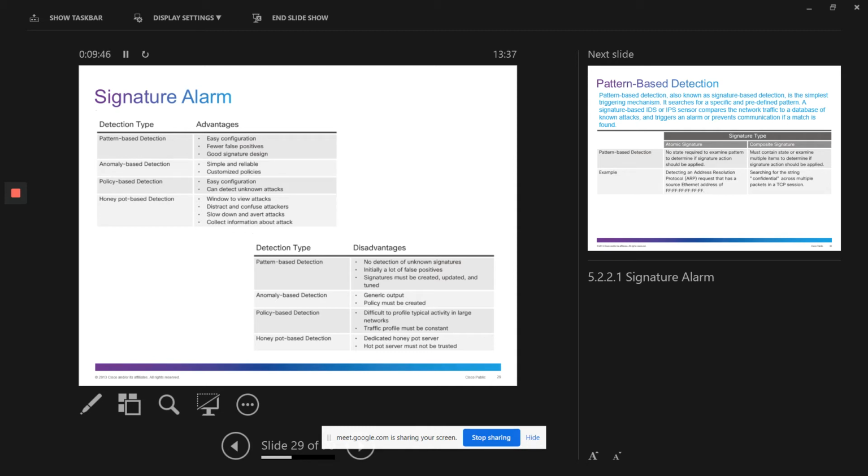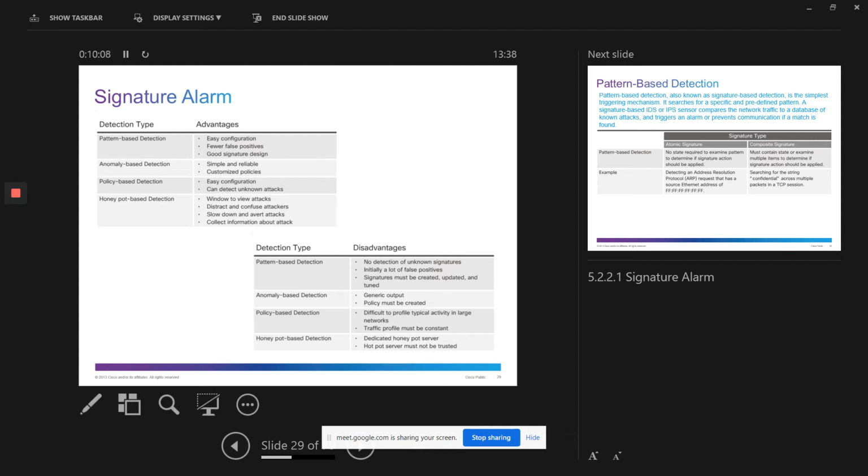There are some disadvantages to all the detection types. For example, one of the advantages of pattern-based detection is that they're easy to configure, have fewer false positives, and have good signature design, and the problems are no detection of unknown signatures.